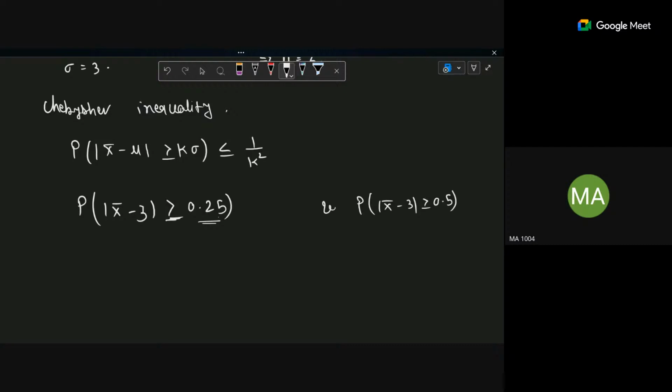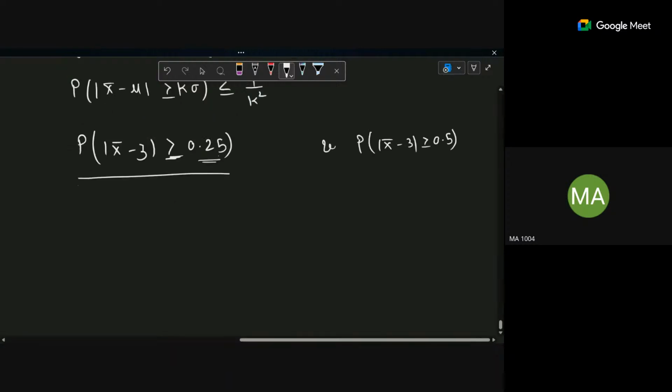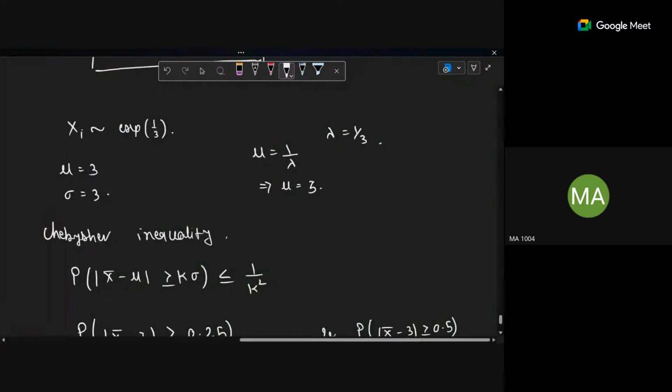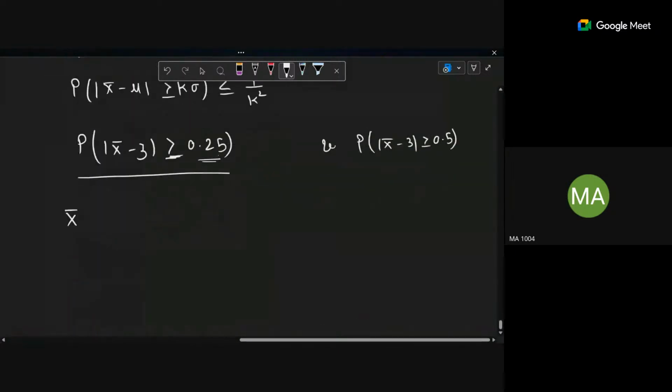Okay. So if I want to find the probability that x bar minus 3 is greater or equal to 0.25, how will I work? So isn't it my k sigma? Okay. So this is about x bar. If I know the distribution mean and variance for x, what will be the mean and variance of my x bar?